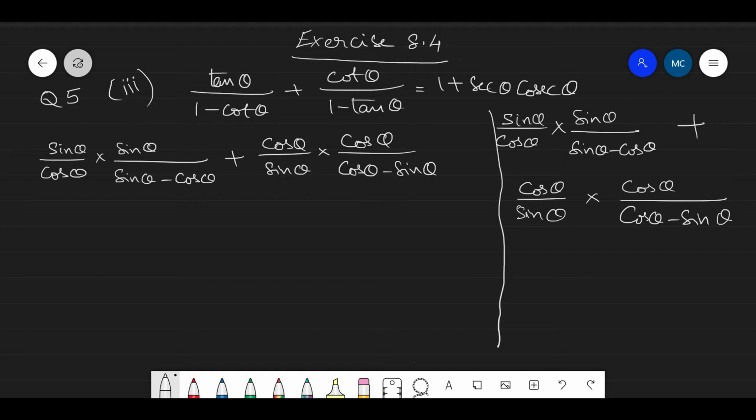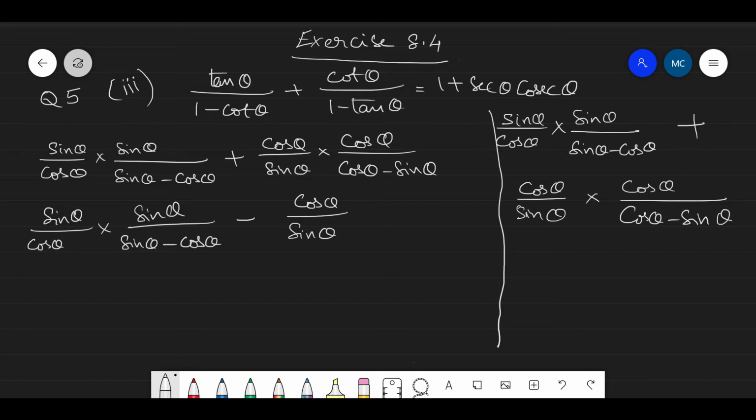So they both can be made the same by taking minus common in this cos theta minus sin theta. Now this will become sin theta by cos theta into sin theta by sin theta minus cos theta minus cos theta by sin theta into cos theta by, now this will become sin theta minus cos theta. Here whatever minus we have taken common in this part, that is applied here.